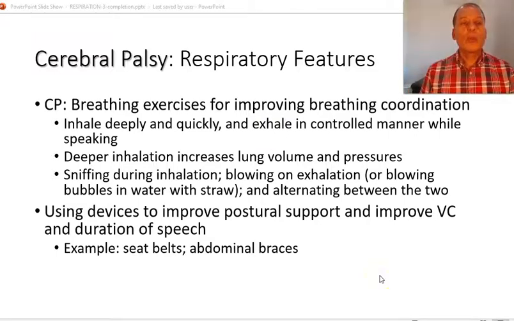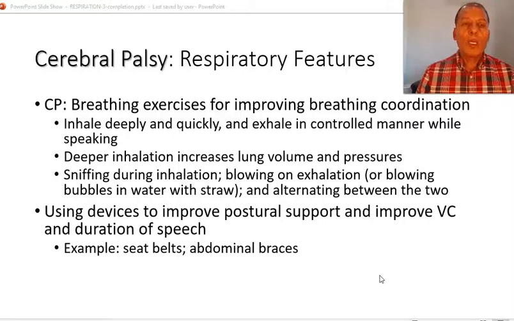One of our goals is also to facilitate deeper inhalation, and that is going to increase lung volume and pressures. Because you remember these 4 criteria, they build up on each other.